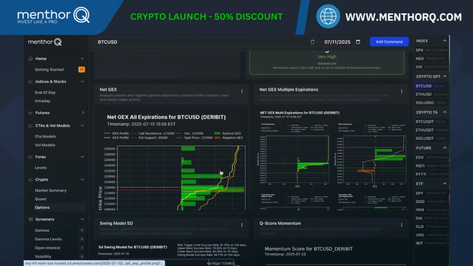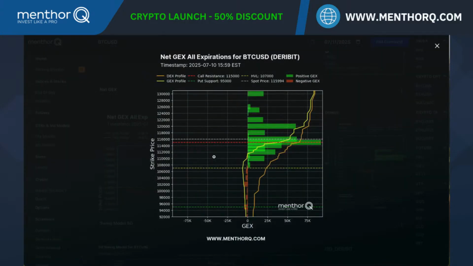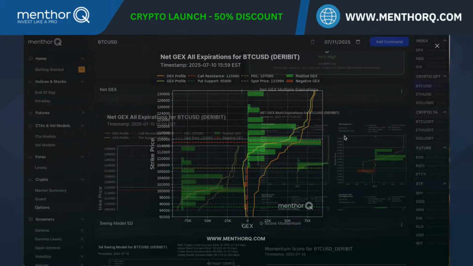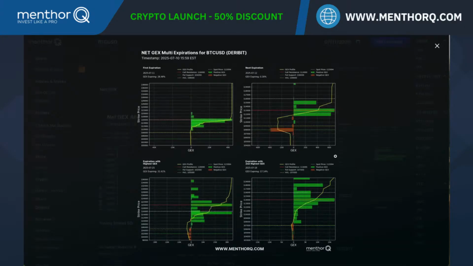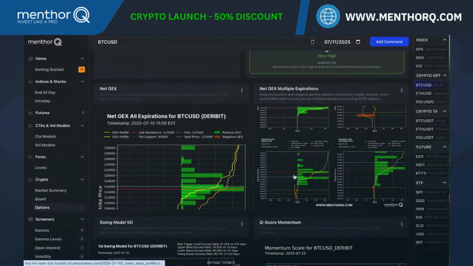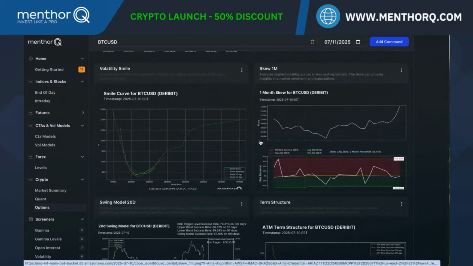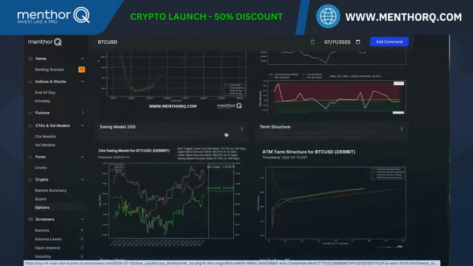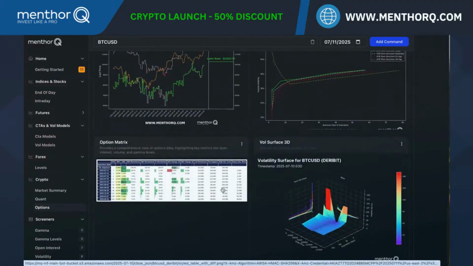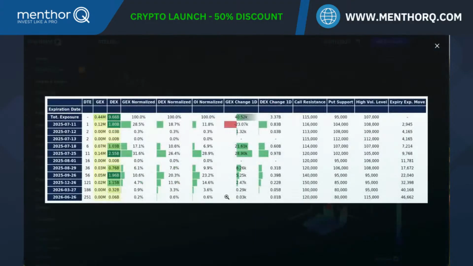So what we have is very similar models that you see on our stocks, ETFs, indices, and futures. We have our net gamma exposure chart right here. We have our multi-expiration net gamma exposure chart right there. And then scrolling down, we have also our skew chart, our volatility smile, term structure, volatility surface, matrix, and so on.